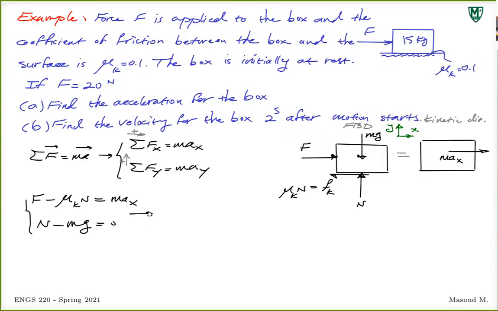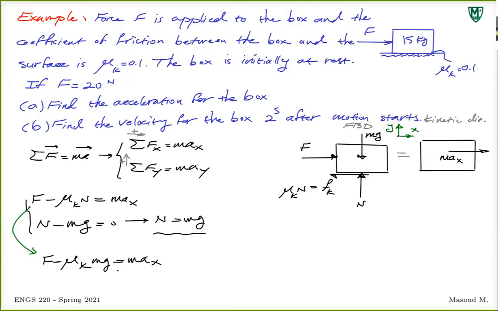From the second one, I get N is equal to mg, right? And I can plug that back into the first one. So now this becomes F minus mu K mg is equal to MAX.